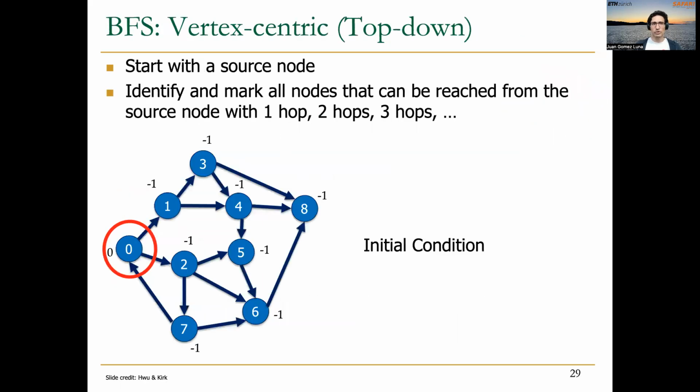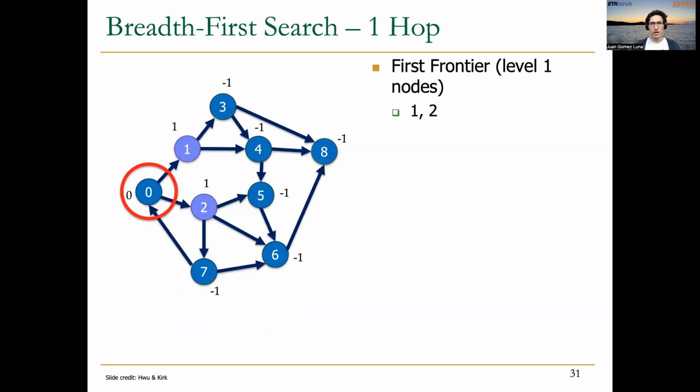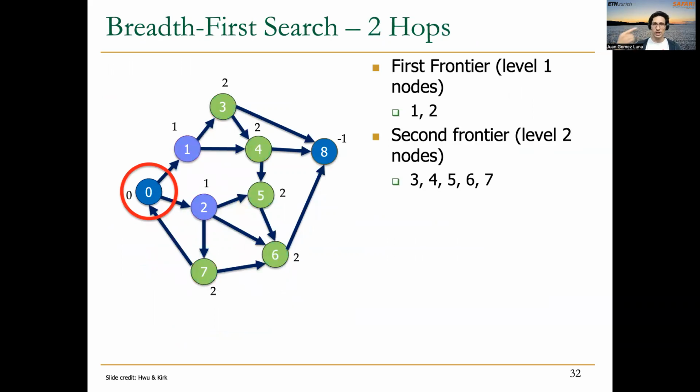Okay, so let's put the focus on BFS, the vertex-centric approach, top-down approach. We start with the source node, in this case node 0, and we are going to identify and mark all nodes that can be reached in 1, 2, 3 hops. Those are the nodes that are going to be discovered in each successive iteration of the BFS algorithm. So in the first iteration, we find vertices 1 and 2, and we put them in the output queue, and they are going to be used as the input queue for the next iteration.